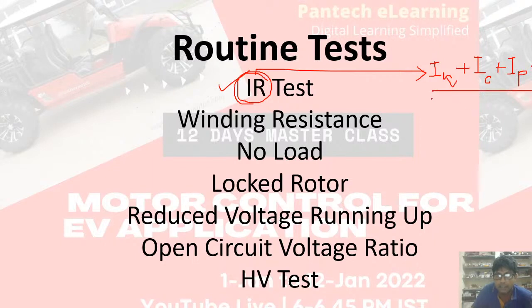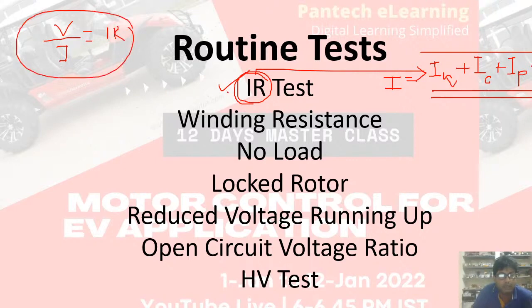The summation of these four currents is called leakage current. Say you have applied the voltage V and the leakage current you obtained is I. So this gives your insulation resistance. Basically this will give the healthiness of the insulation system of the machine.